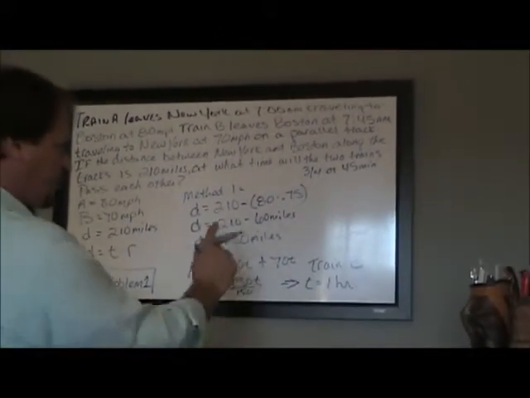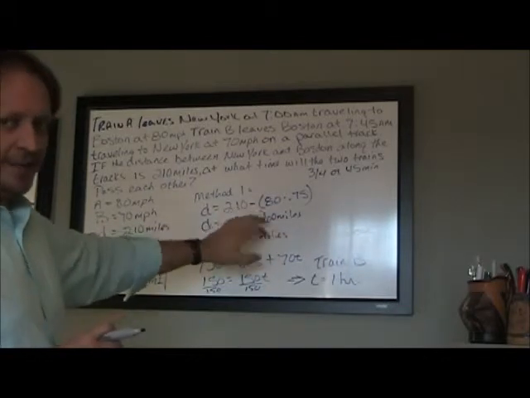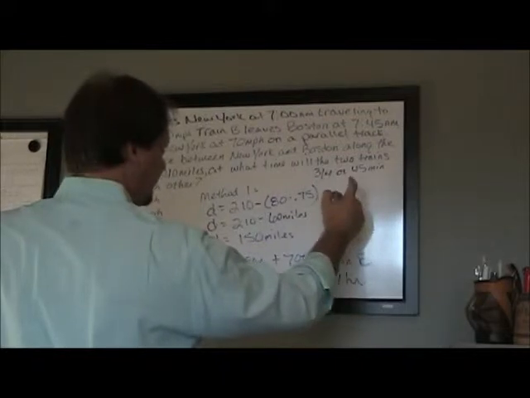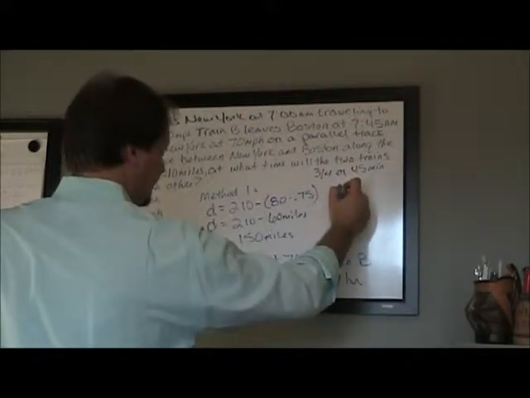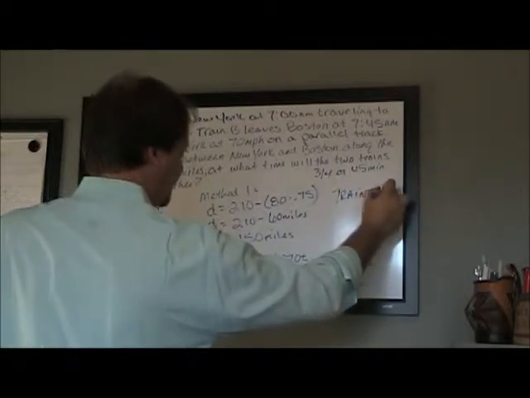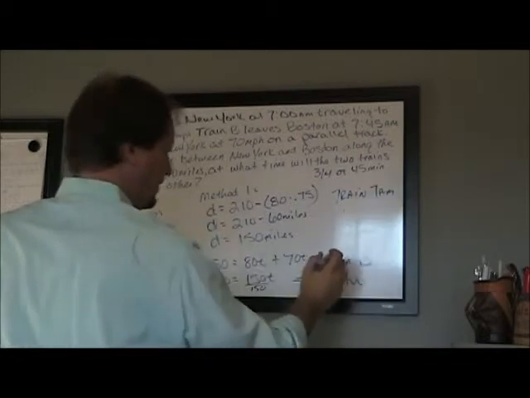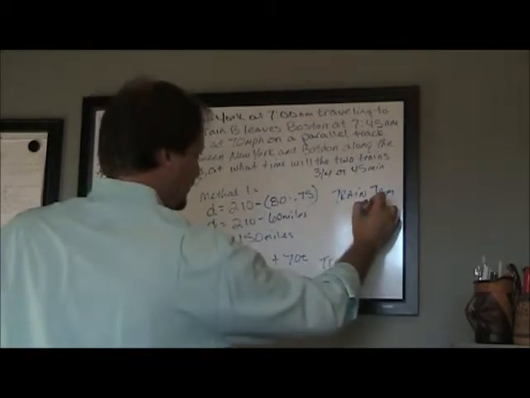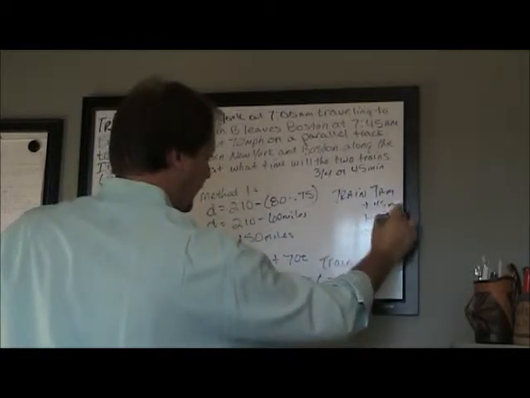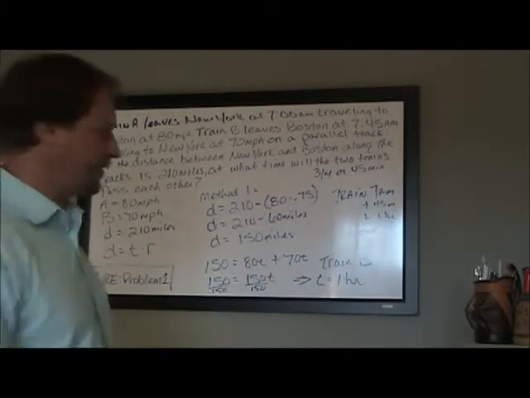But remember that train A had already been traveling 45 minutes. So if we plug this in, train A left at 7 a.m. We know it had already been traveling 45 minutes, and we're adding 1 hour, because that's how long the trains travel between this 150 miles.